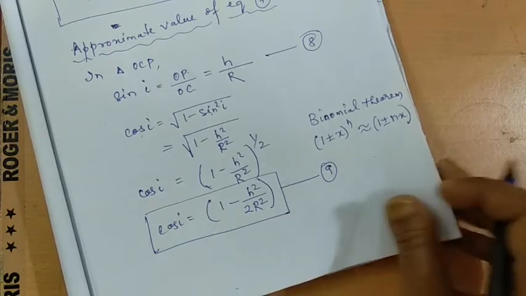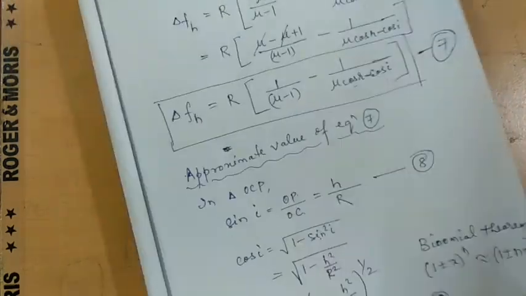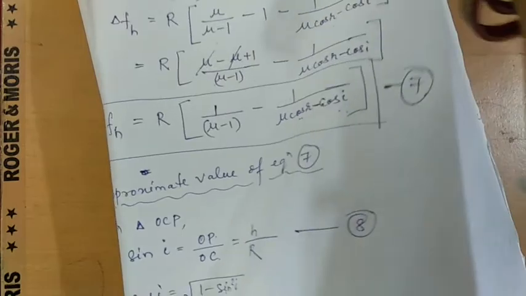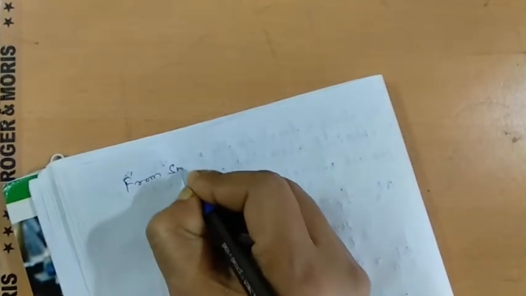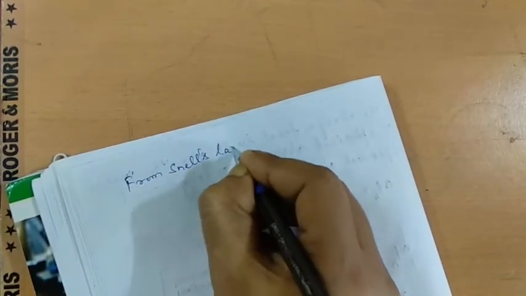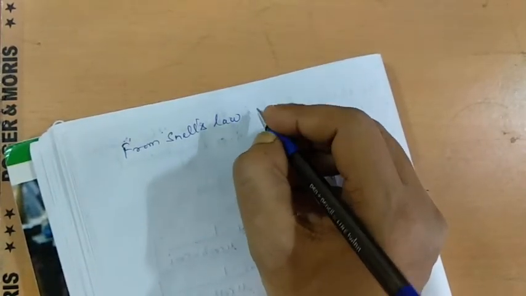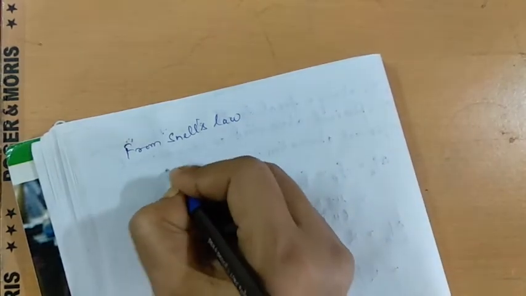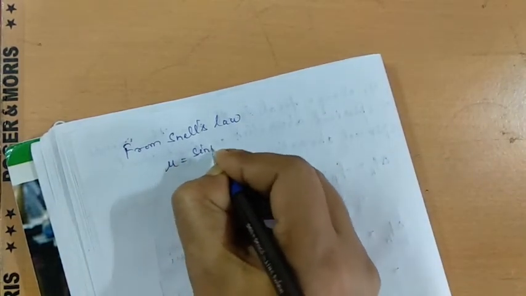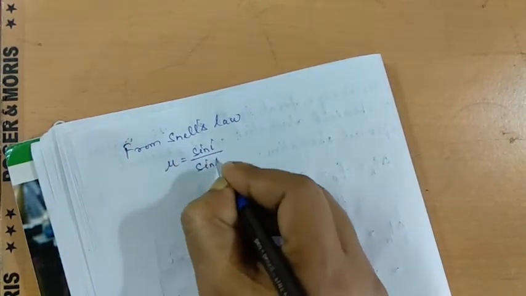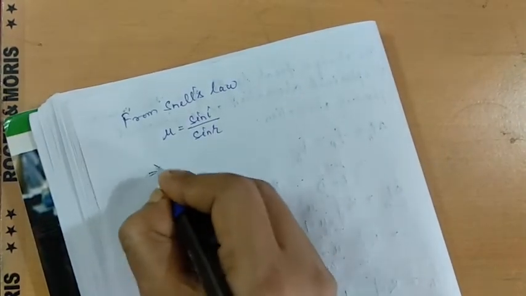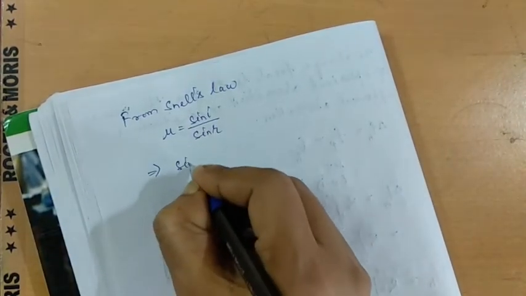Now let's calculate the cos R value. Now from Snell's law, we know that the refractive index of the lens is given by sin I by sin R. So mu is equal to sin I by sin R. So from this the sin R can be eliminated.